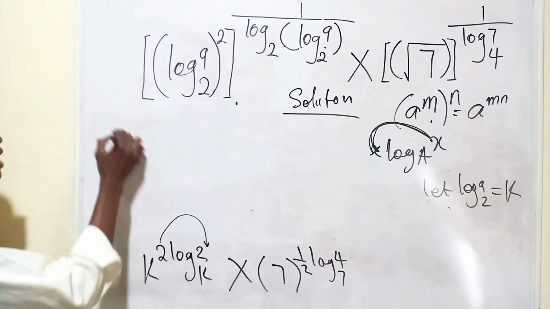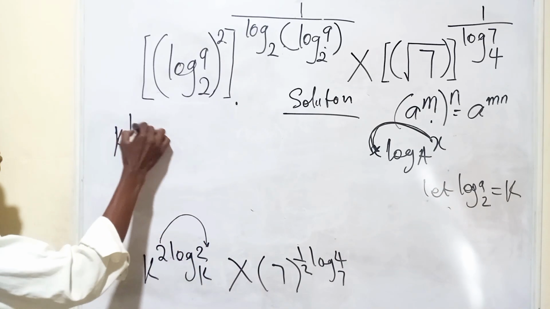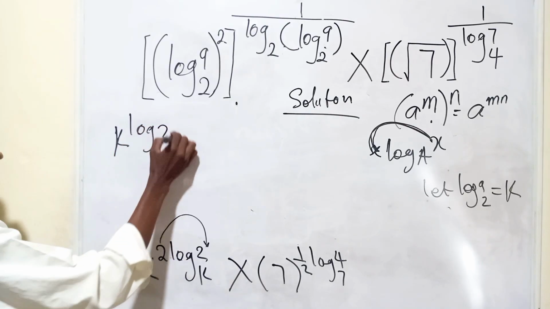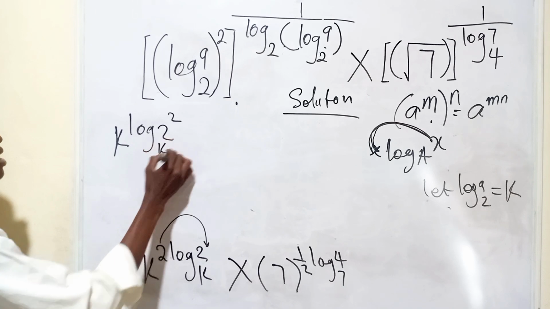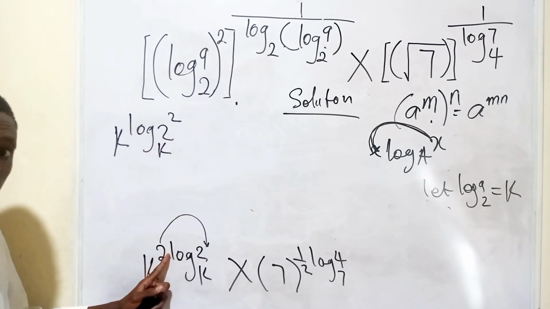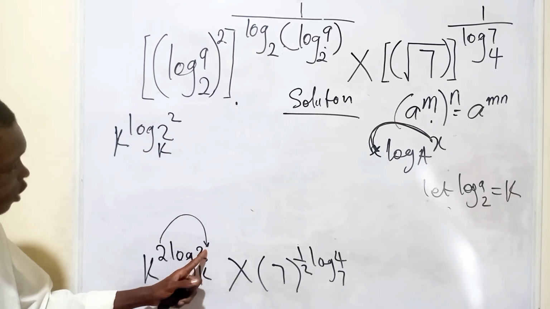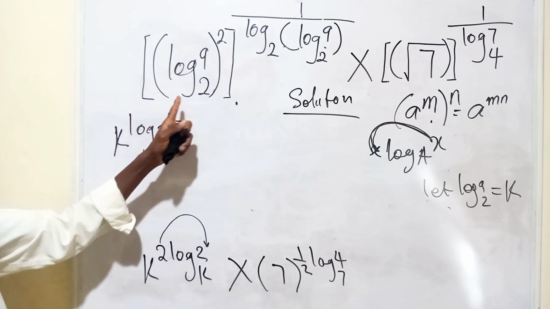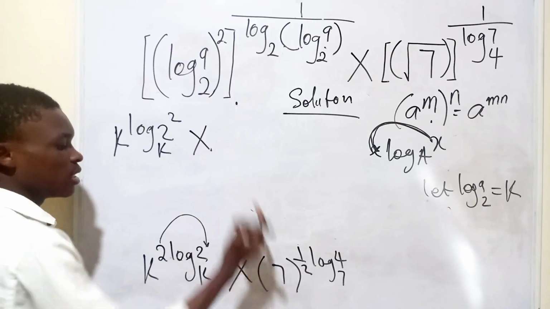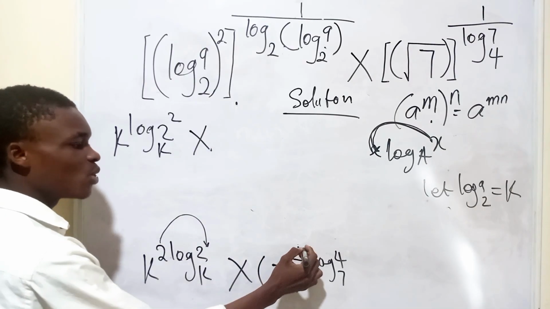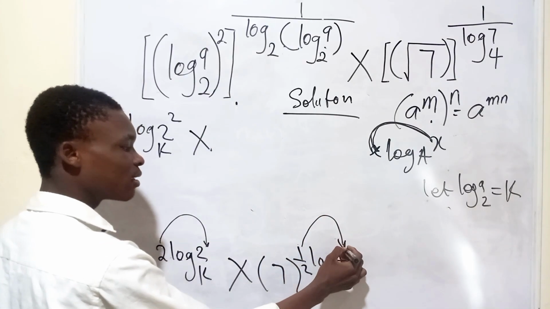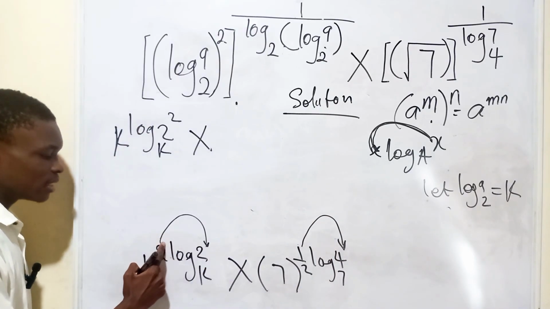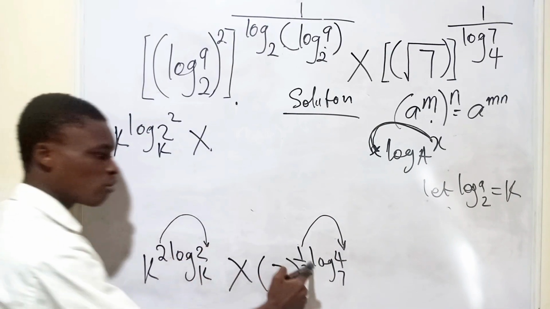So if that happens, we'll have that this is k raised to the power of log 2 to the power 2 base k, because this 2 here has gone back to become a power. Now from here, this 1 over 2 can also return back, the same way this 2 returned.